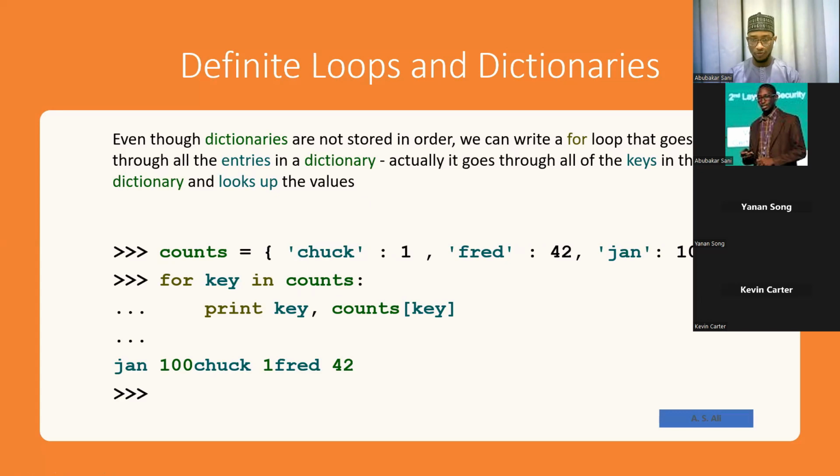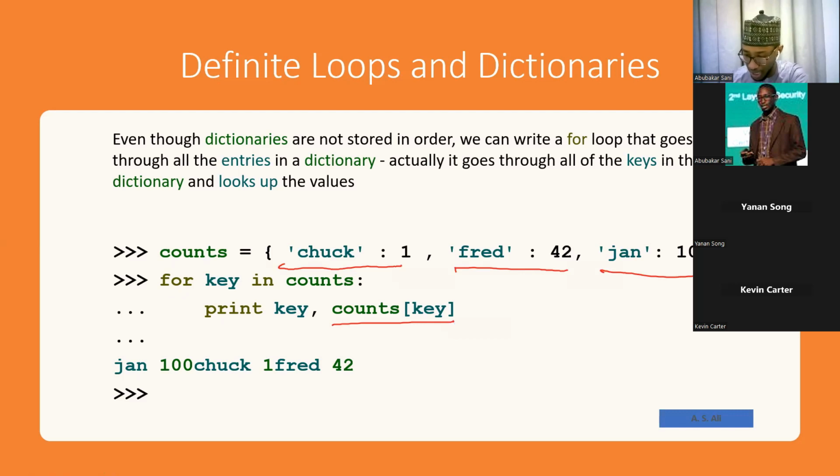And that's where you can use the for loop. So for example, look at this dictionary. It's called counts. And counts has these key value pairs. It has Chuck, Fred, and Jan. Okay. For key in counts, print key, comma, counts key. Okay, so this is what it will print for you.